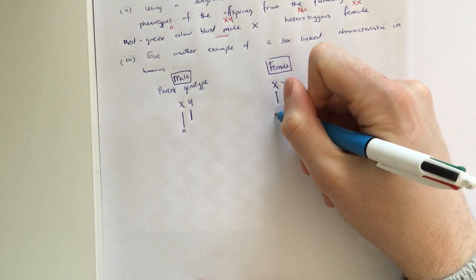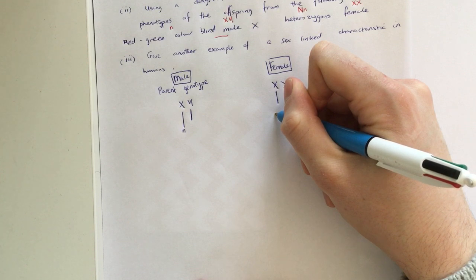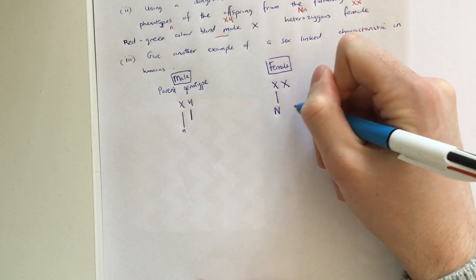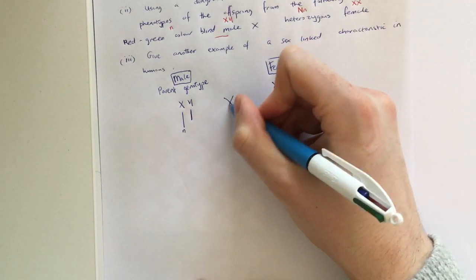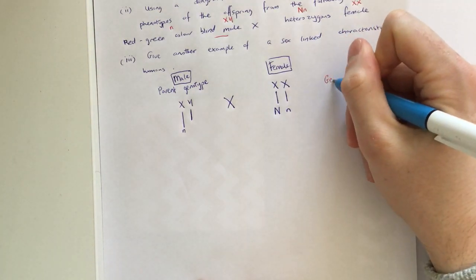She's heterozygous, which means she has different alleles, so we have capital N and small n. This effectively is our genotype cross. We're going to cross these two together and see what happens. The first thing we did was get the genotype of parents.